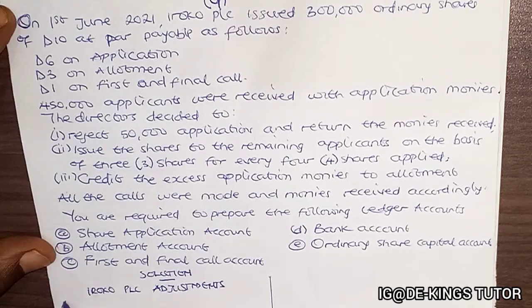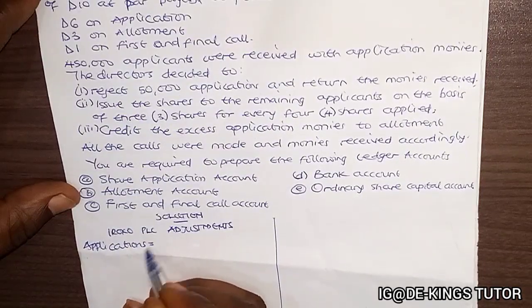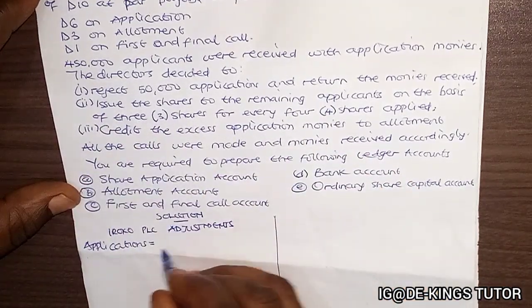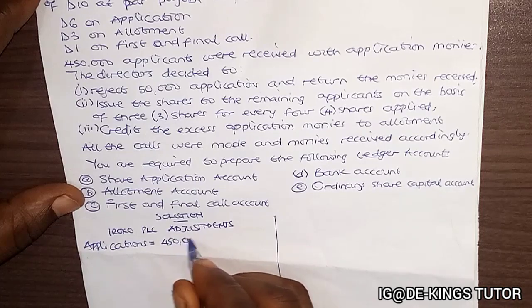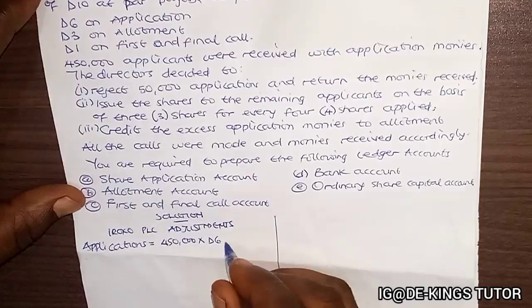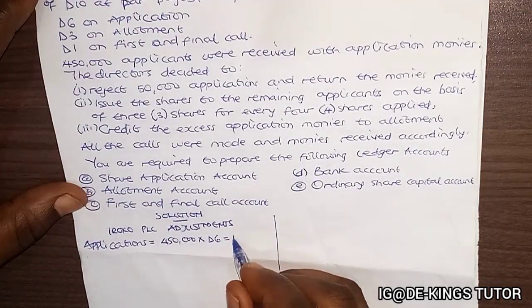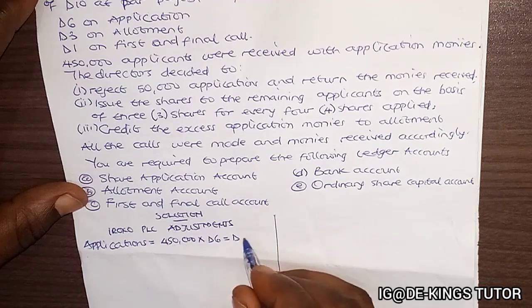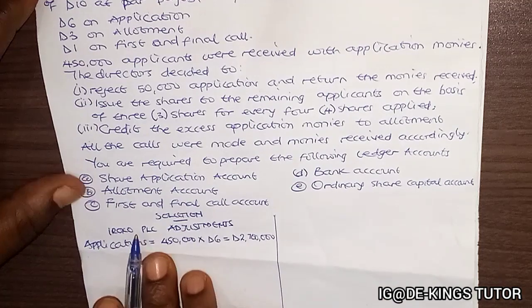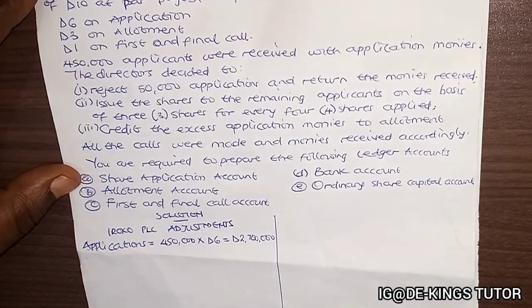So application equals 450,000 times $6, which gives us 2,700,000.